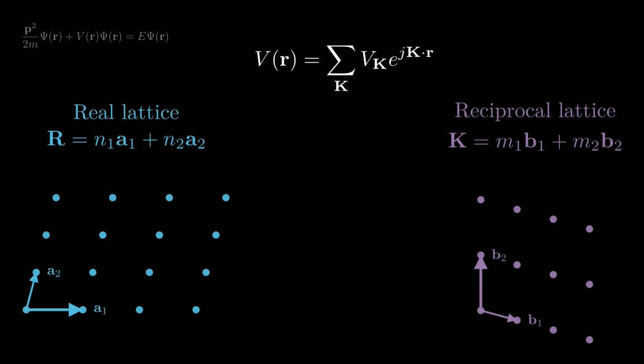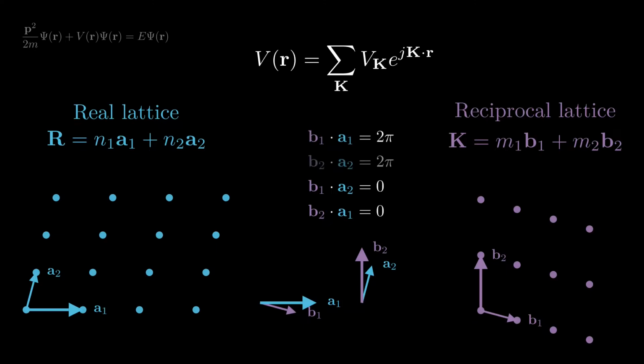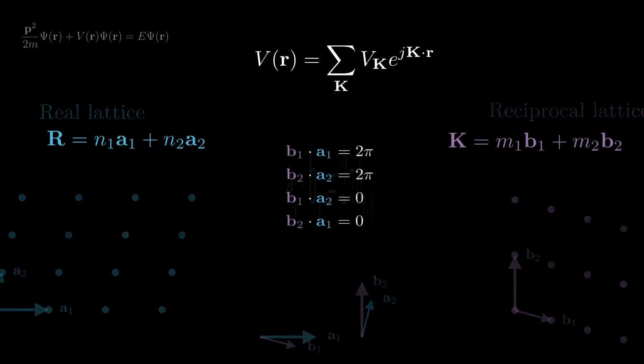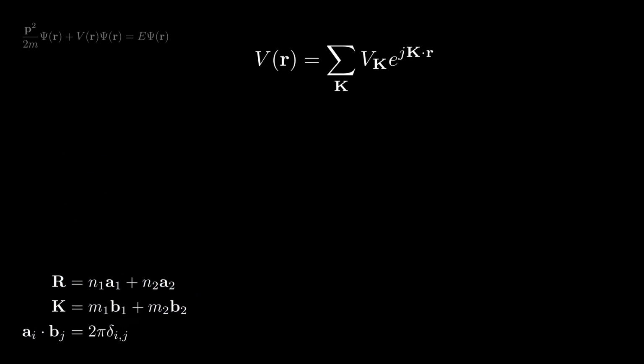The important property is that b1 is orthogonal to a2 and b2 is orthogonal to a1. Besides, the 1D relationship holds for a1 b1 and a2 b2. With these properties, it is straightforward to check that V of r plus capital R equals V of r.